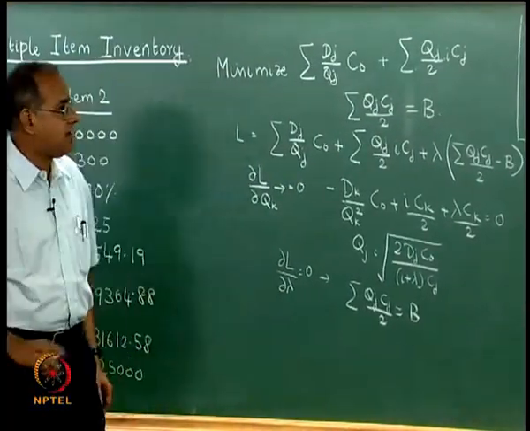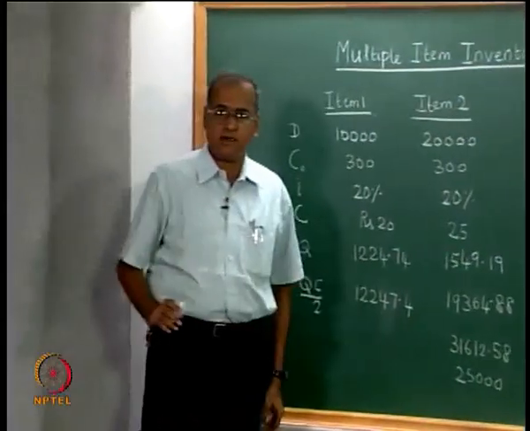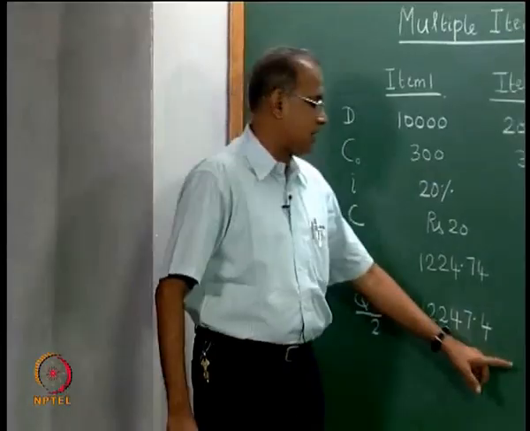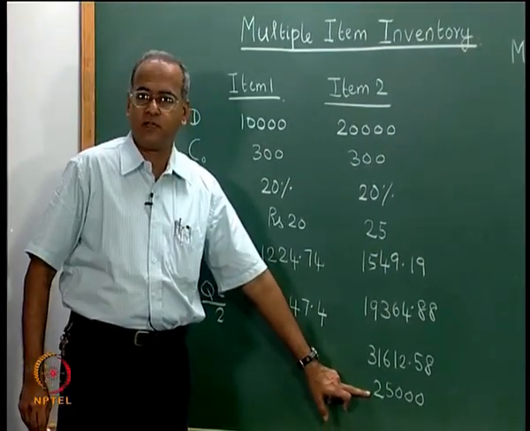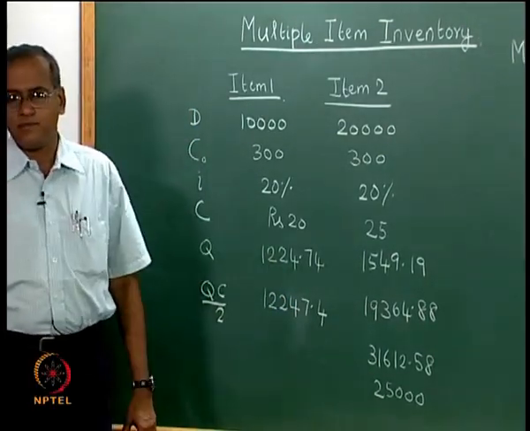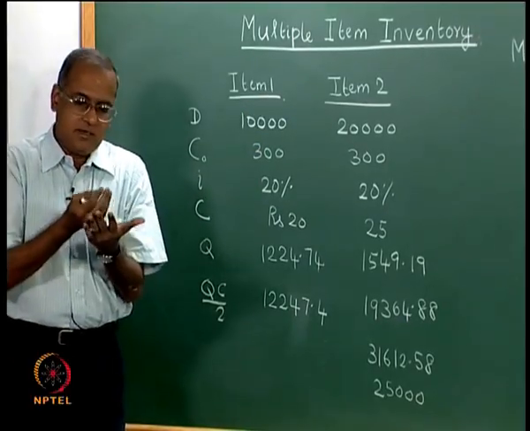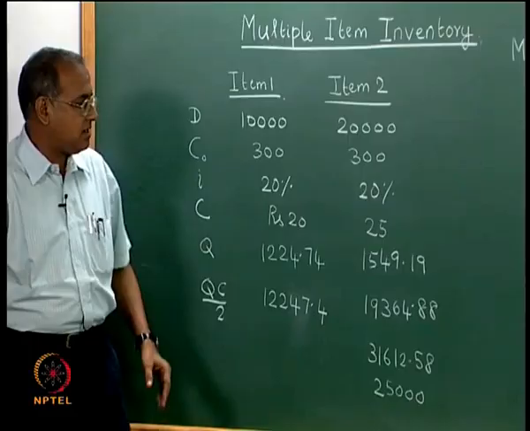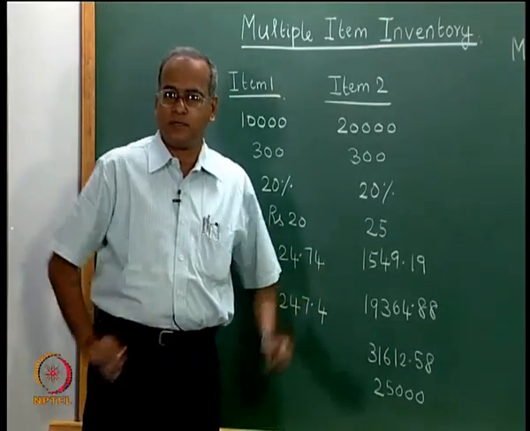So, for example, just for the sake of argument or for the sake of completion, if we say that instead of 31,612 we solve this problem with 25,000, suppose we solve this problem with 35,000, say if the limit on the money value of the average inventory was 35,000 instead of 25,000, then what happens?